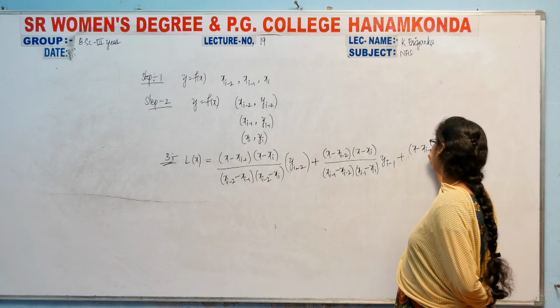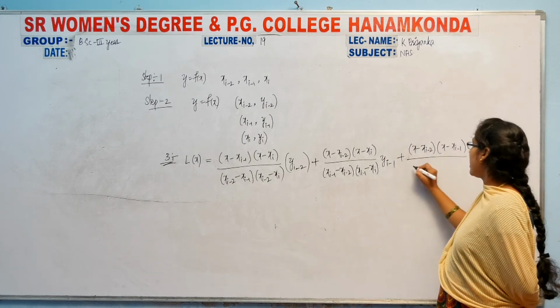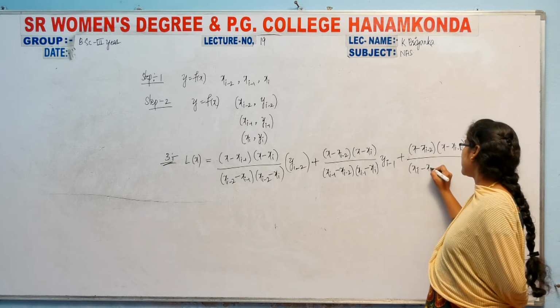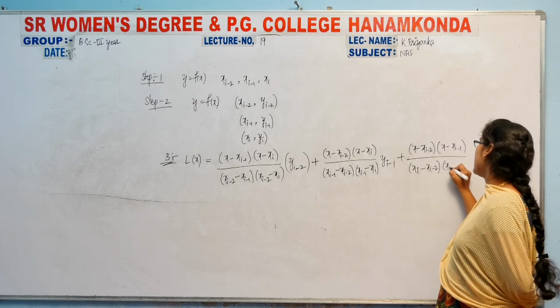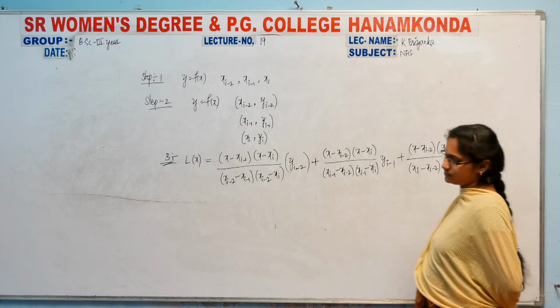So xi minus 2 into x minus xi minus 1 by xi minus xi minus 2 into yi.